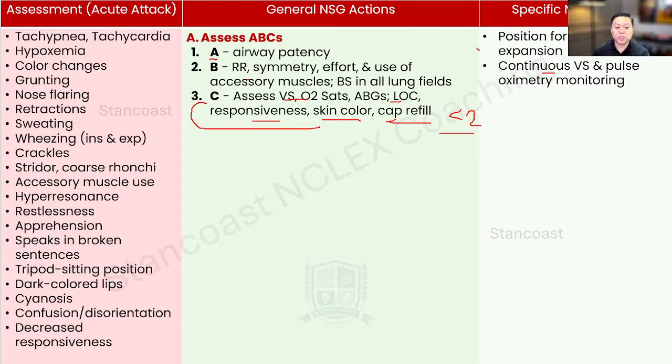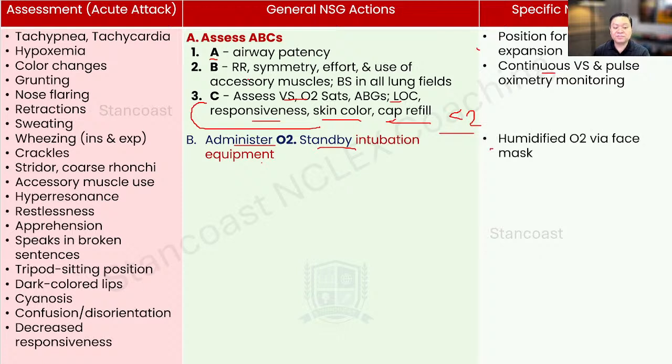Make sure that you have connected the pulse oximetry the whole time in order to capture any worsening of their hypoxemia. Now we're going to have to make sure that we're administering the oxygen this time, and make sure that you have the intubation tray equipment close to you, because this patient probably will end up with respiratory arrest. So this is the next step after you assess the ABCs.